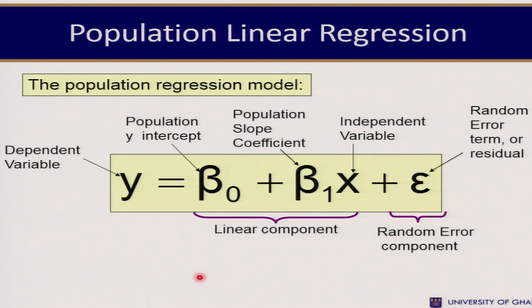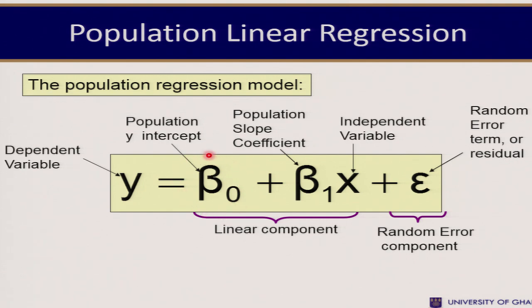This is how our regression model looks, the simple linear regression model. As already indicated, y is our dependent variable and x is our independent variable. We have coefficients like beta 1, which is attached to the independent variable, and is mostly called the population slope coefficient, or the slope.